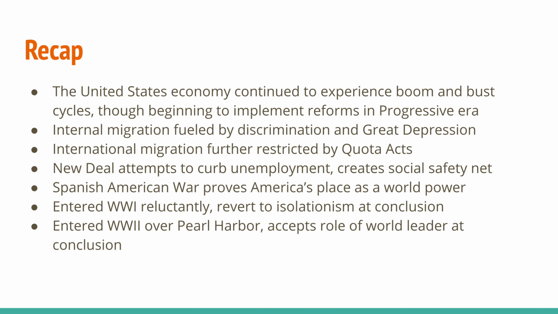We entered World War I reluctantly, and then we reverted to isolationism at its conclusion. And then finally, we entered World War II over Pearl Harbor. And at the end of the war, we accept the role of world leader. So that is how American identity has shifted all through historical period 7.